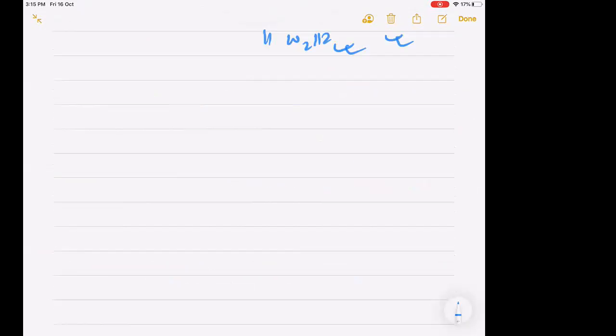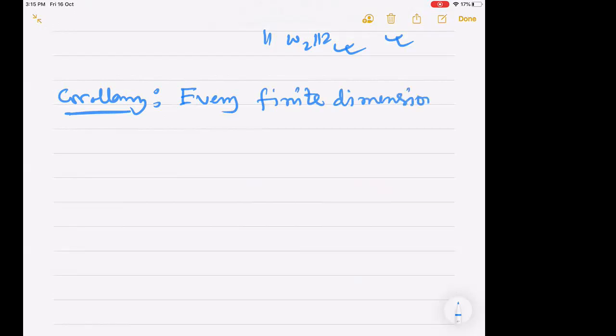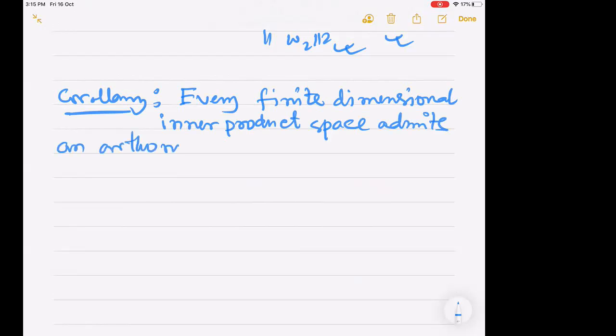So the crux of the matter is that every finite dimensional vector space, which is an inner product space, allows an orthonormal basis. So this is the final corollary: every finite dimensional inner product space admits an orthonormal basis.